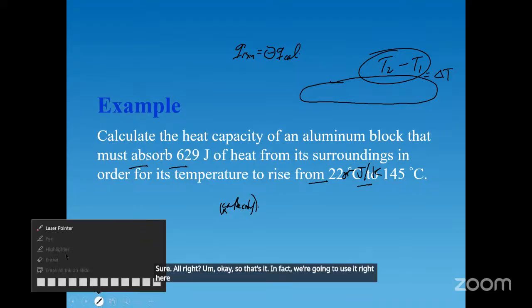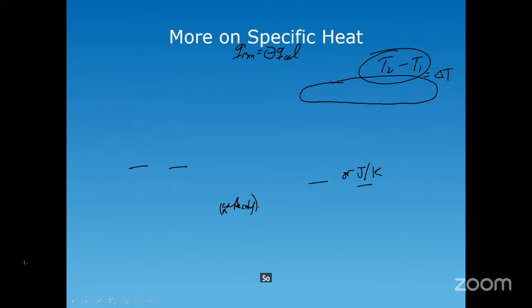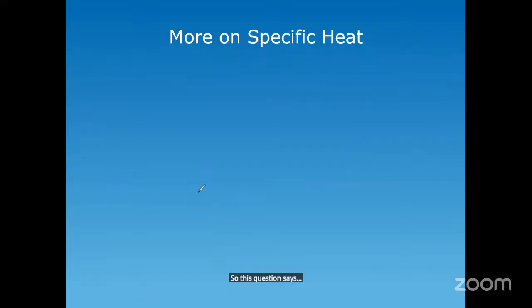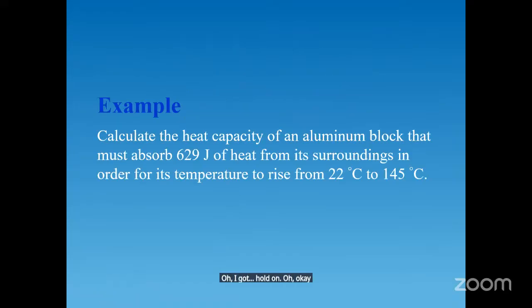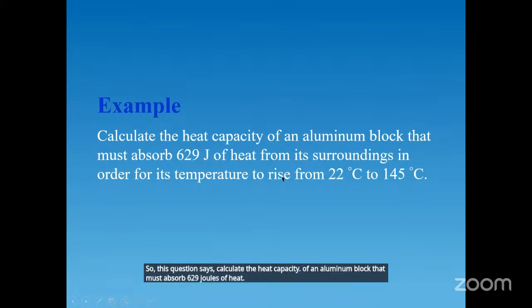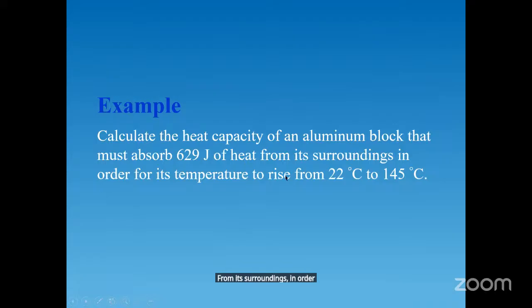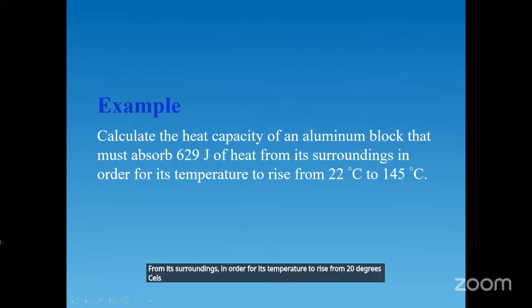Let me clear this here. So this question says, calculate the heat capacity of an aluminum block that must absorb 629 joules of heat from its surroundings in order for its temperature to rise from 22 degrees Celsius to 145 degrees Celsius.